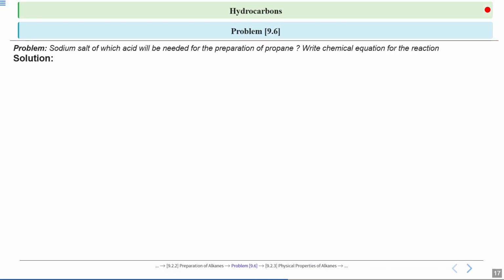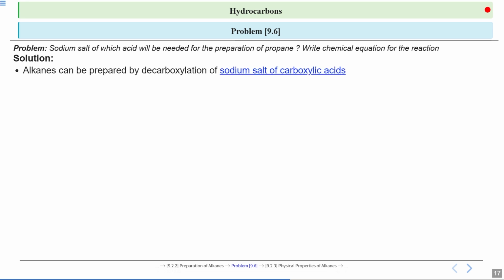You have to decide what is the sodium salt which is needed to prepare propane, and you have to also write the chemical equation for that reaction. To start, remember that alkanes can be synthesized through the decarboxylation of sodium salt of carboxylic acid. So this is a key method in organic chemistry for preparing alkanes.